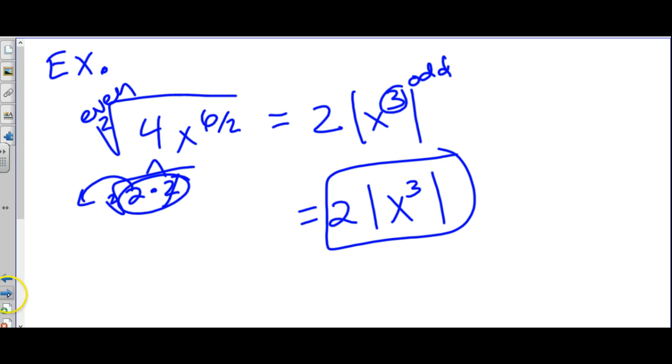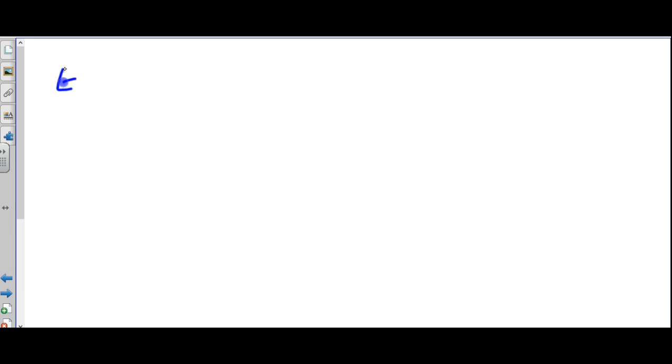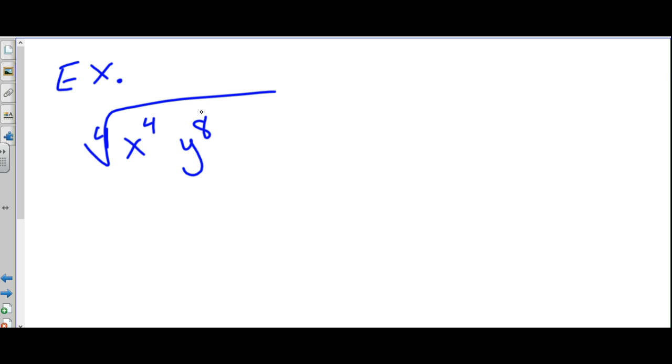So one last problem. Fourth root of x to the 4th, y to the 8th. And again, this only matters when your index is even. If your index was odd, we don't have to worry about this at all. Now again, with variables, I can write it out 4 times and then 8 times and look for groups of 4.